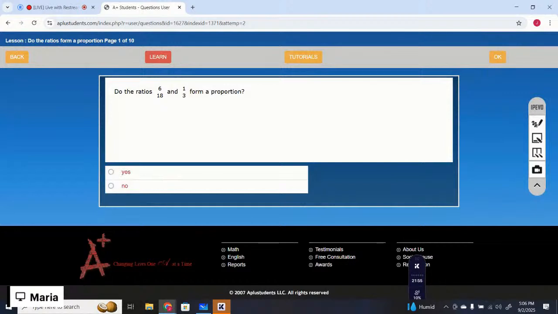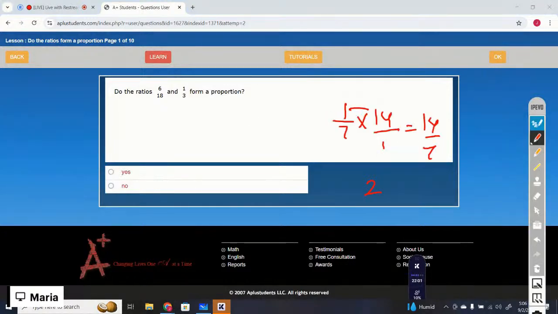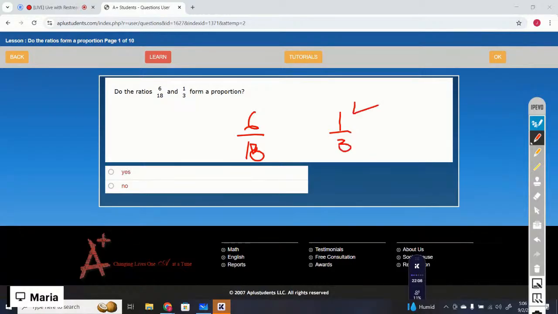6 by 18 and 1 by 3. Basically, we have to compare them. 18 is the greater denominator, right? Multiply 1 by 3 by 6, since 3 times 6 makes 18.